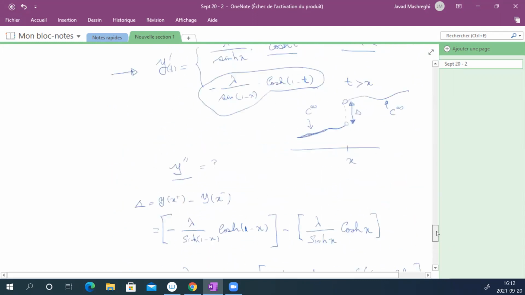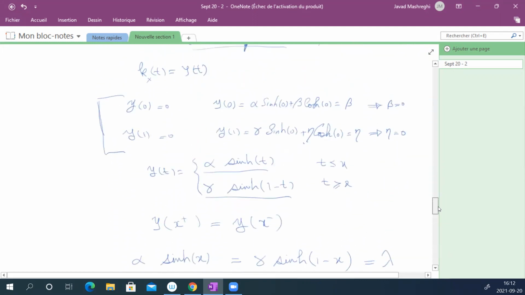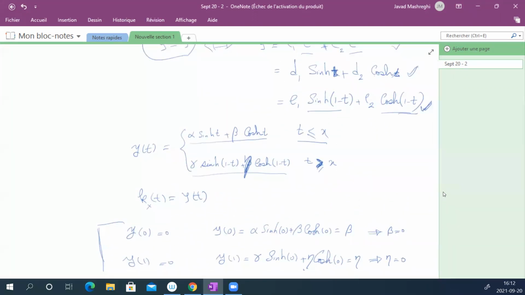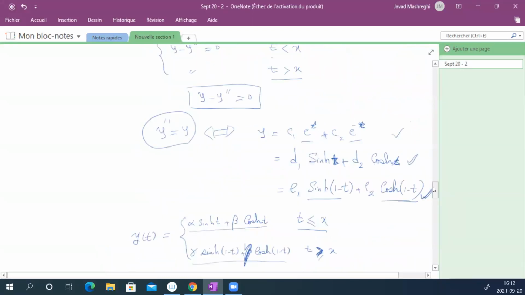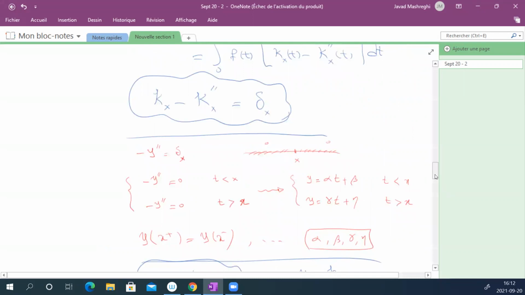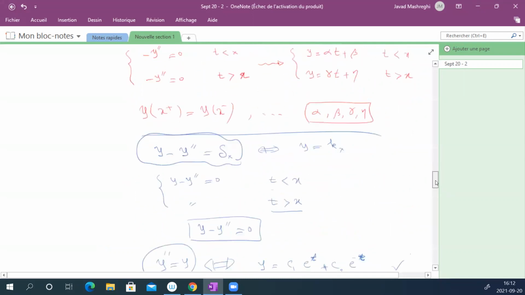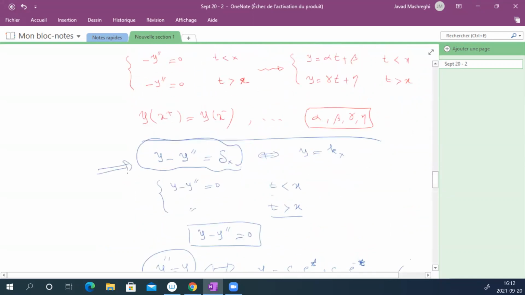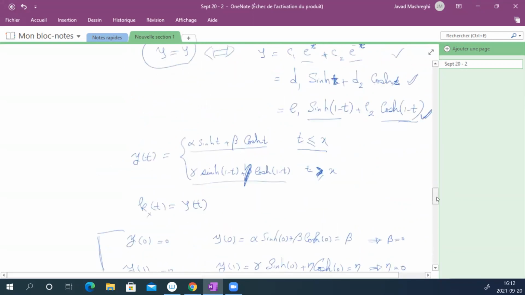What was our equation? I think it was y minus y double prime. Yes, here it is: y minus y double prime is equal to delta x.